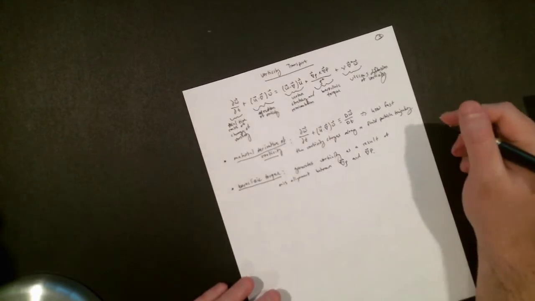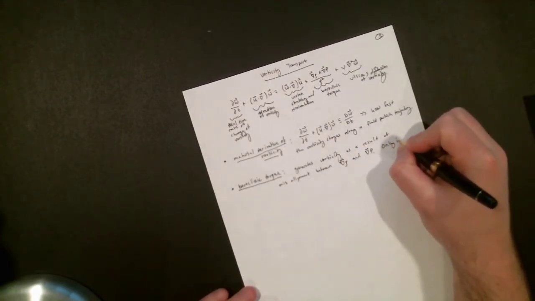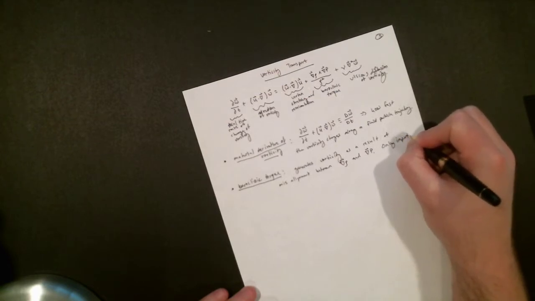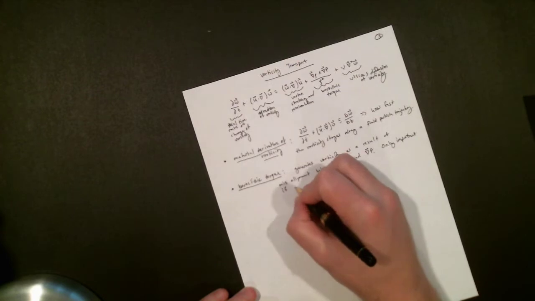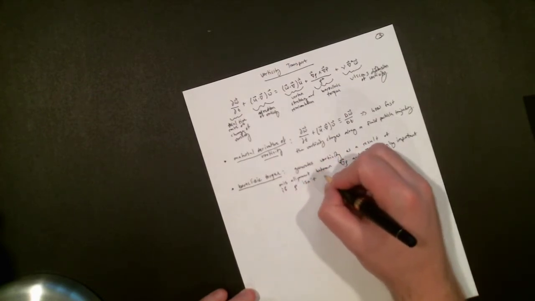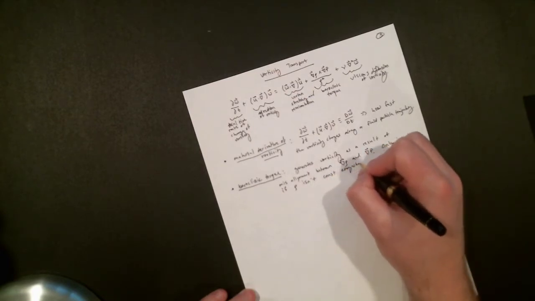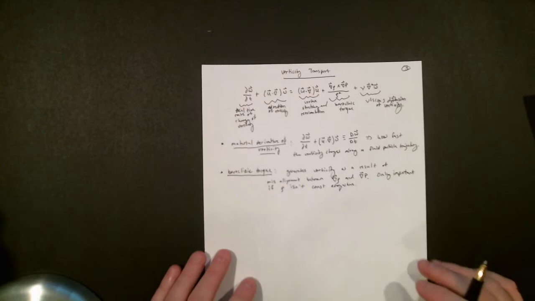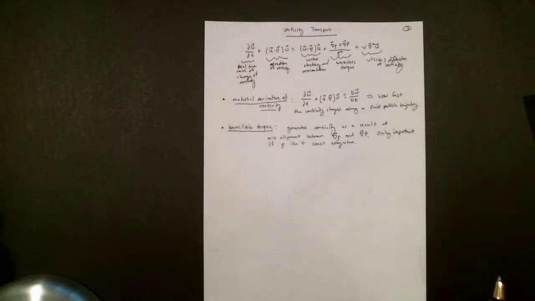So obviously this term only plays a role at all if rho isn't constant everywhere. We already saw that there are cases like this where we can have incompressible flow that also has a density gradient.